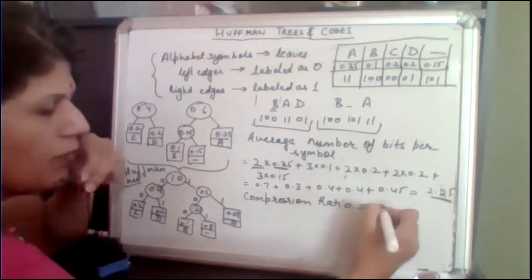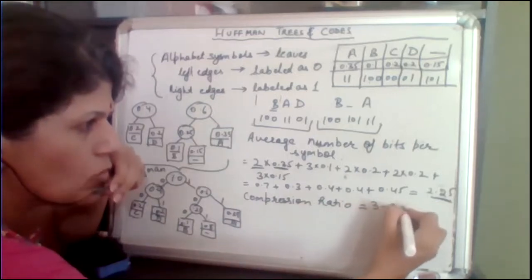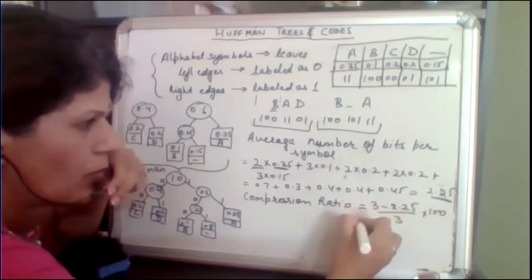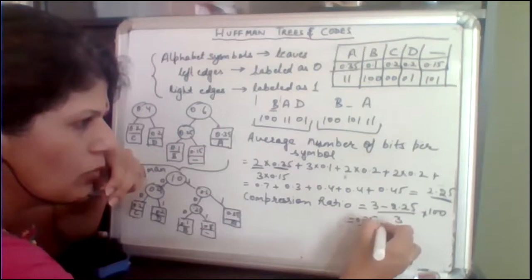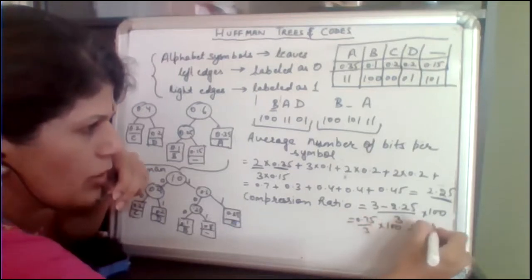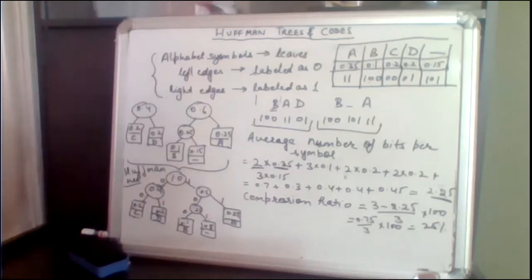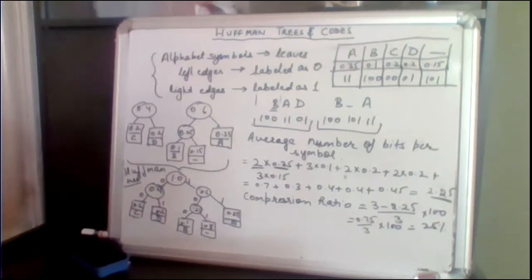So the compression ratio is 3 minus 2.25 divided by 3 into 100, which is 0.75 by 3 into 100. So the compression ratio is 25%. So we are able to reduce the number of bits by 25%. Whatever text you have, if you are using these symbols, then it will be 25% less than the fixed length encoding. So that is your compression ratio.